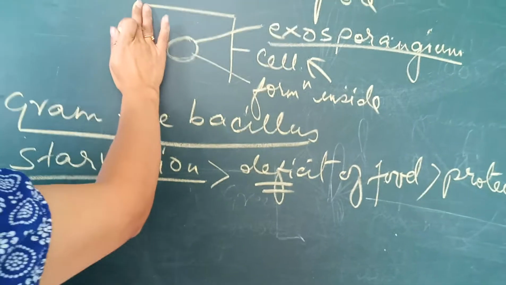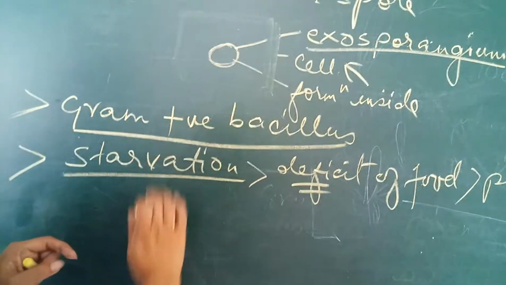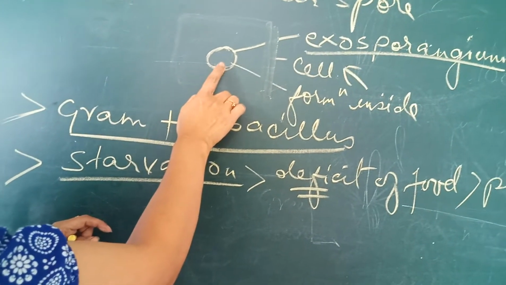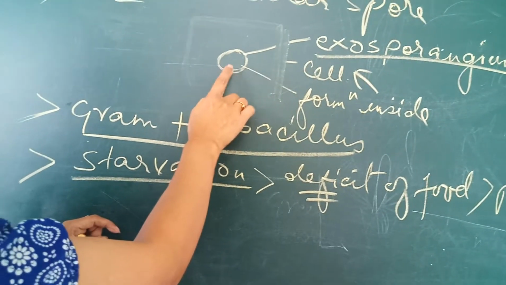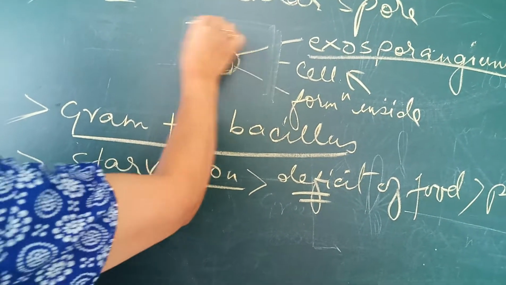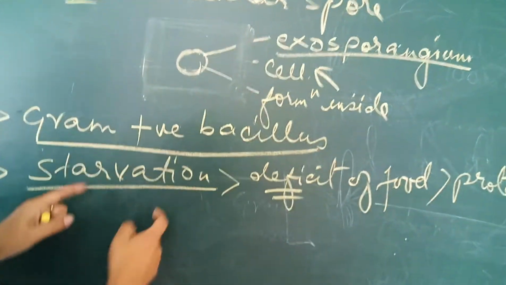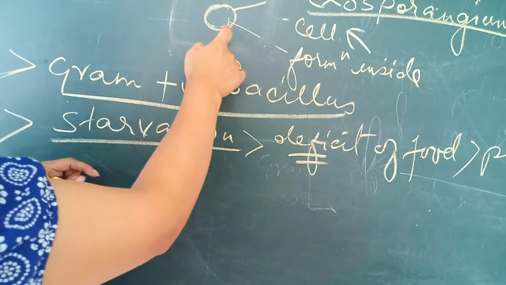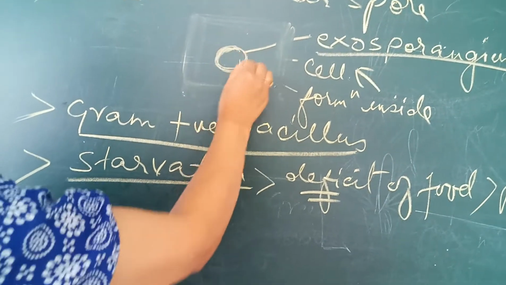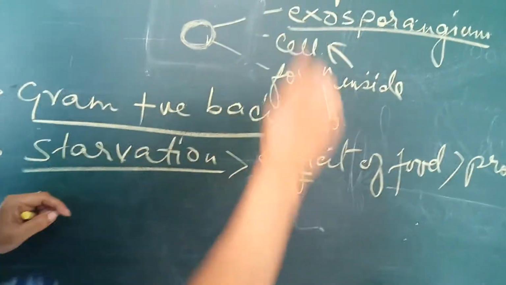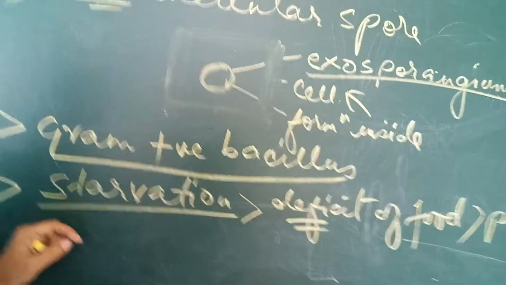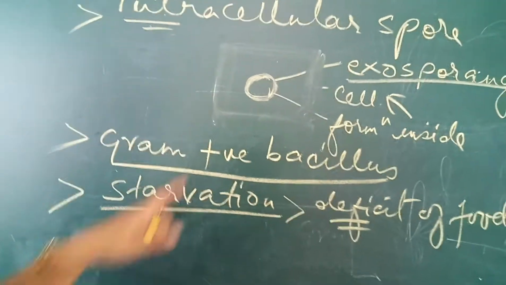So it will leave this luxury behind. It will live inside a small room. It will not live inside a big room because of too much expenditure, and it is starving. That's why it will confine its life to a single cell, and that is known as an exosporangium or an endospore.